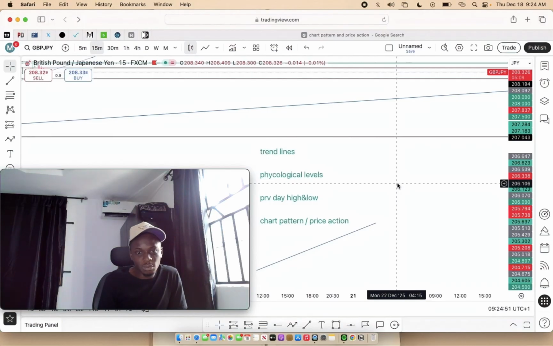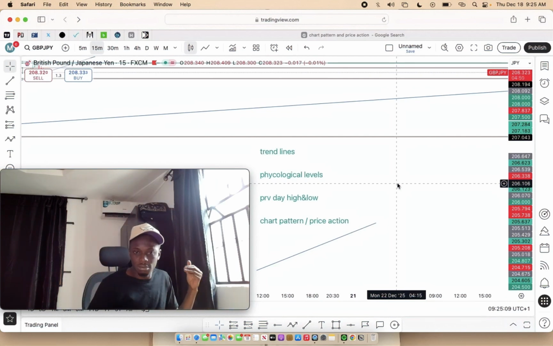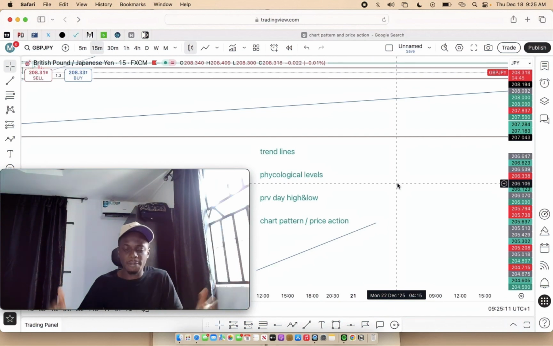So people use it differently, and if this person is using it this way, it doesn't mean this other person's approach is not working. As long as it's tested and you have spent time with it, you have confidence in the strategy, and your mindset is right, definitely you're going to see massive progress with it.